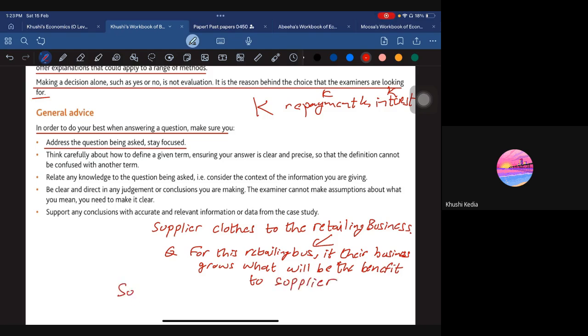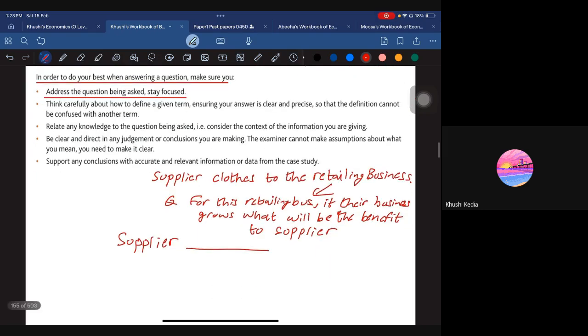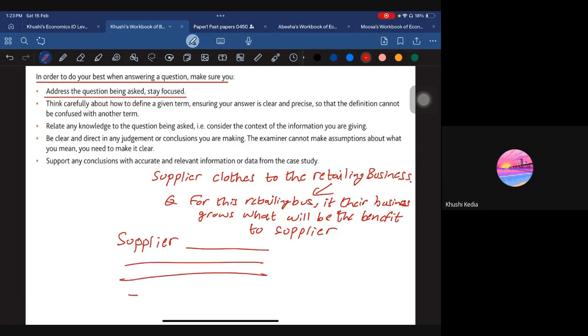So here the heading was given supplier, and there was one point of identification and then the explanation.